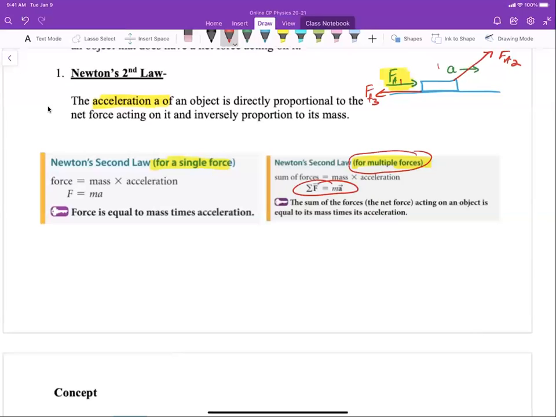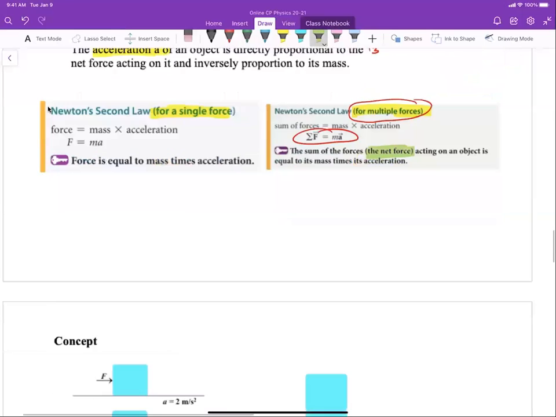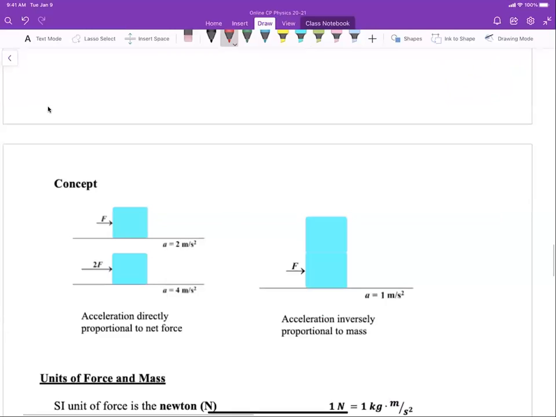And that is right here, your net force. So remember, I could have more than one force. And if I want to know what's going to happen to the motion of the object, whether or not it accelerates or not, I have to look at all the forces that are acting on the object. Okay. All right. So let's rewrite Newton's second law. We know that the force is equal to mass times acceleration.